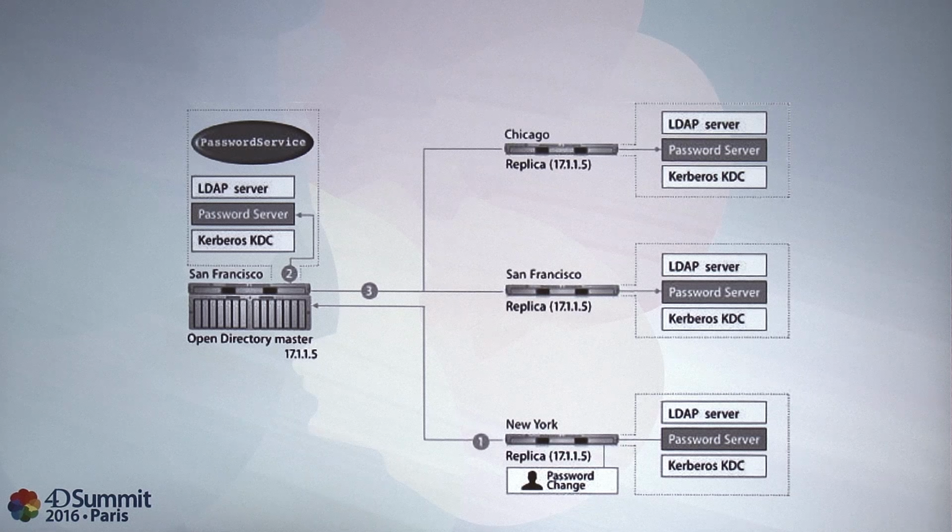So the users from New York will not go to San Francisco. The process of configuring the network consists of each computer on the network being bound to a directory master or domain controller.